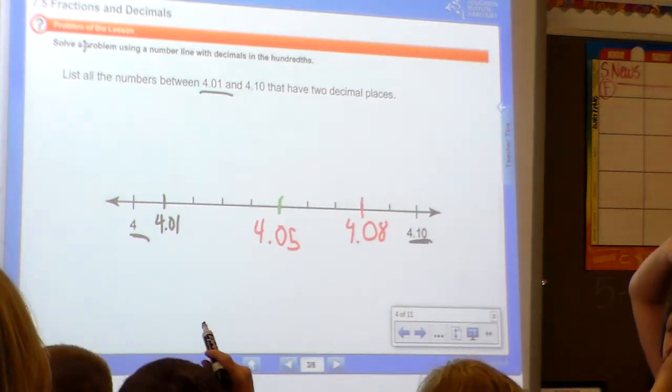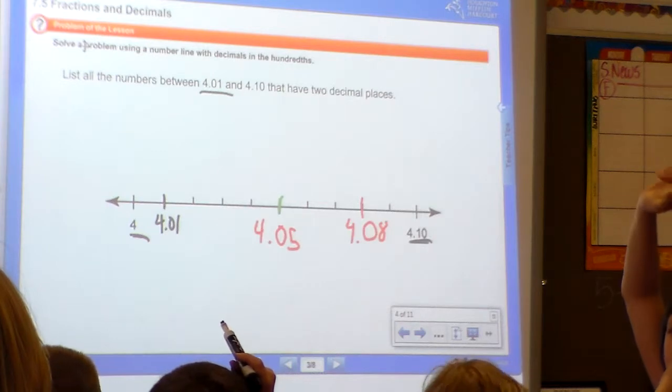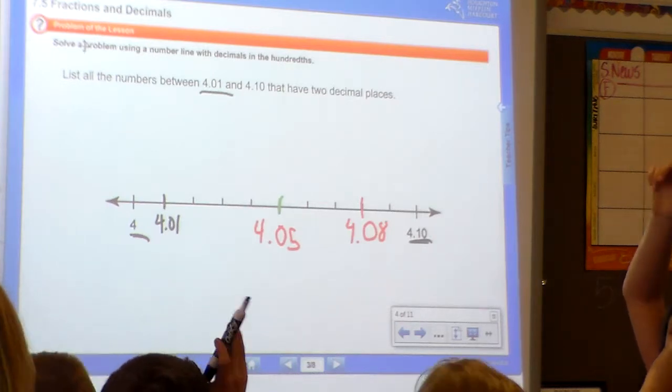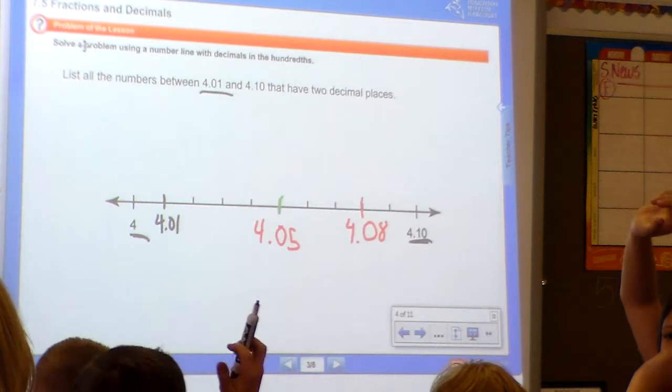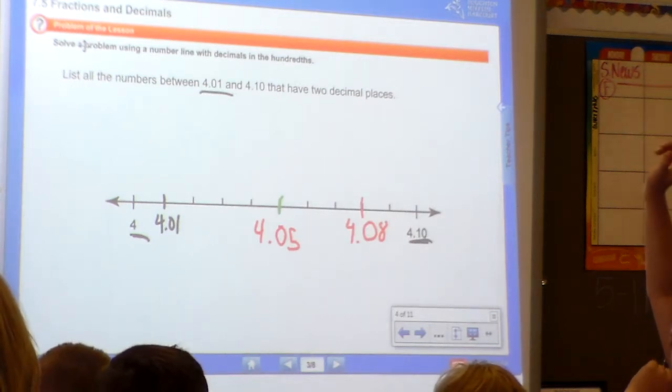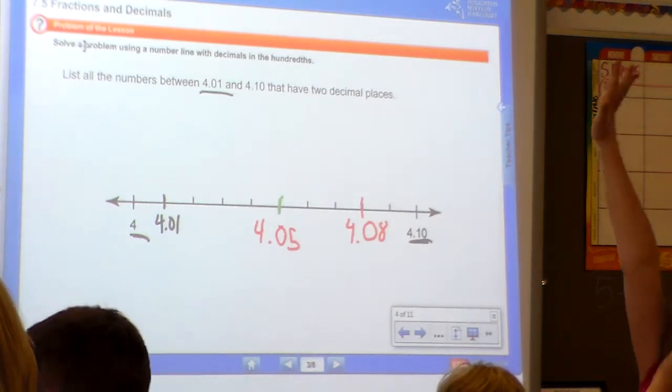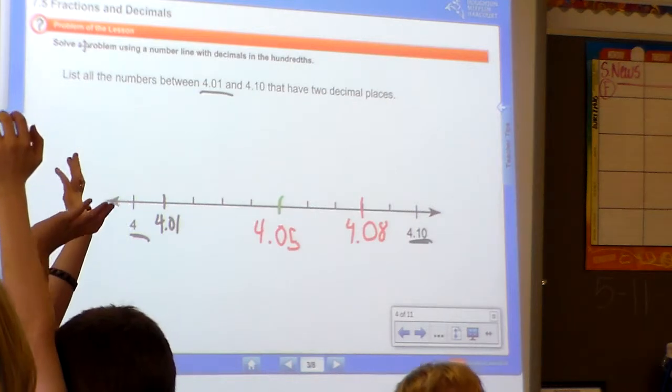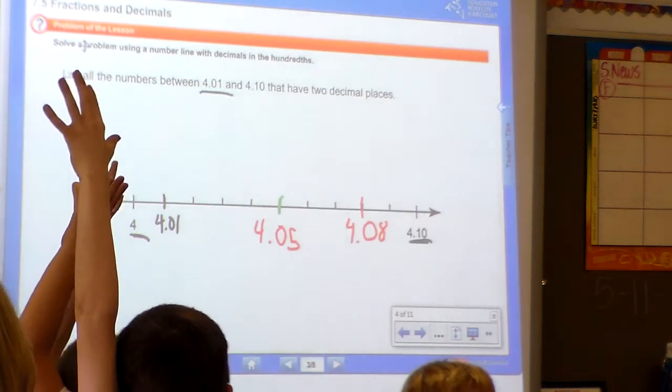Is it between 4.01 and 4.10? Yes. And does it have 2 decimal places? Yes.